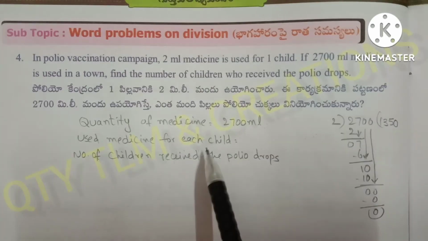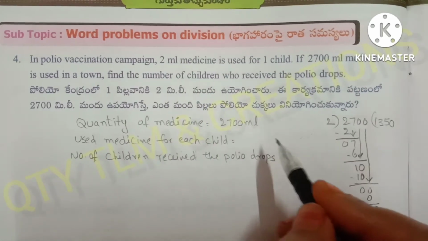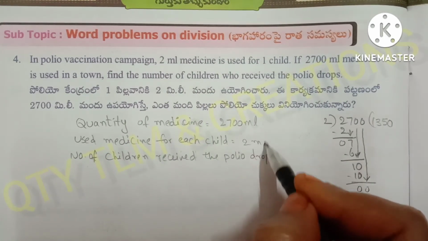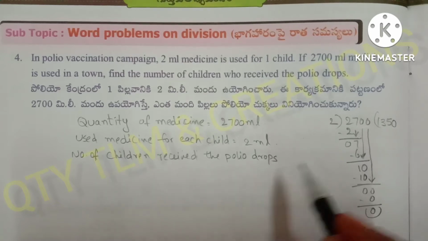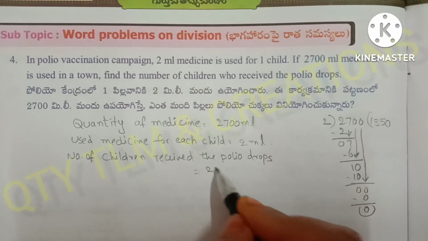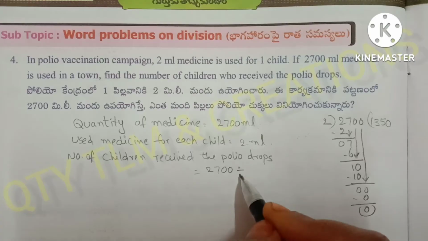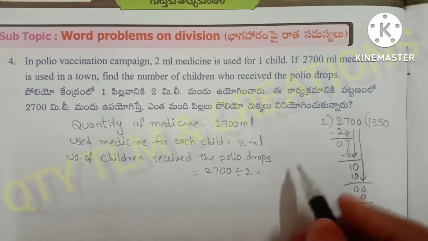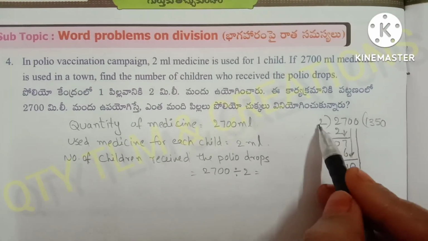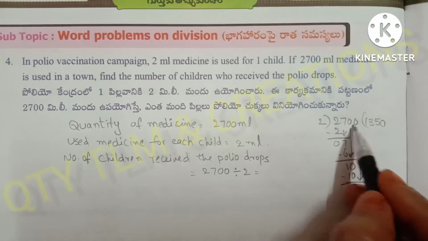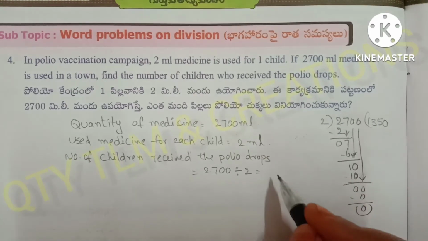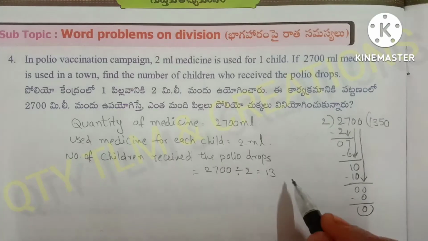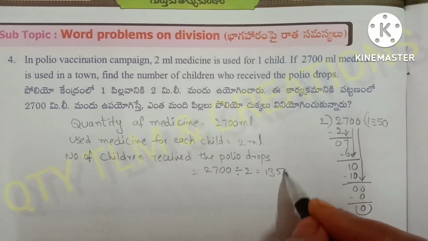Medicine used for each child equals 2 milliliters. Number of children who received the polio drops equals 2700 milliliters divided by 2 milliliters. So here 2 divides 2700 for 1350 times. So the number of children is 1350.